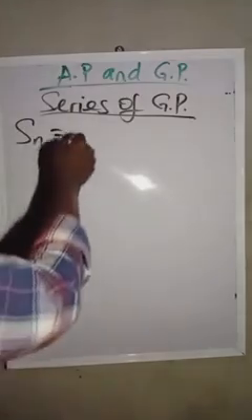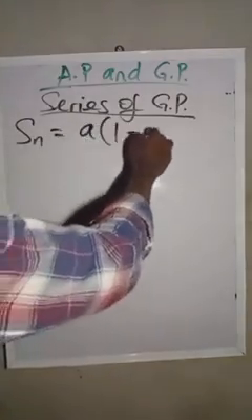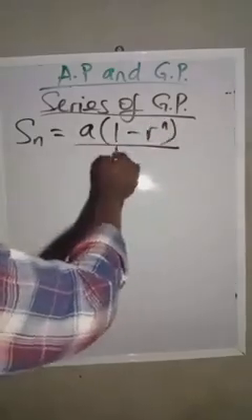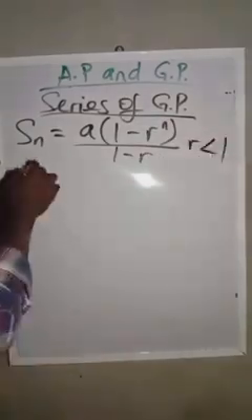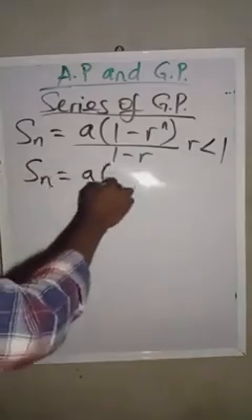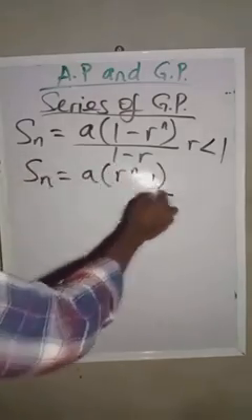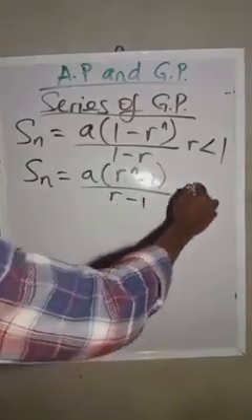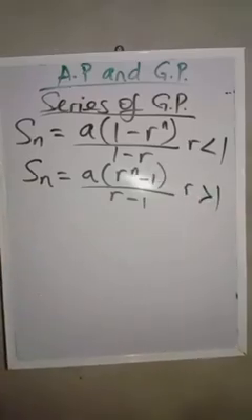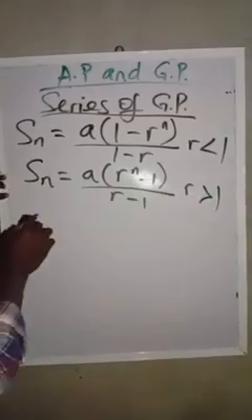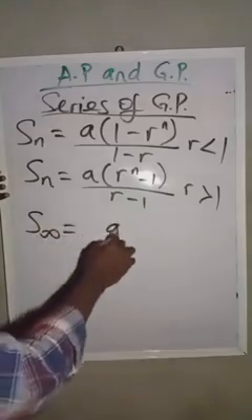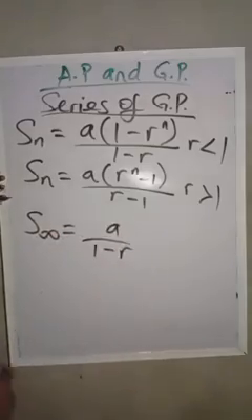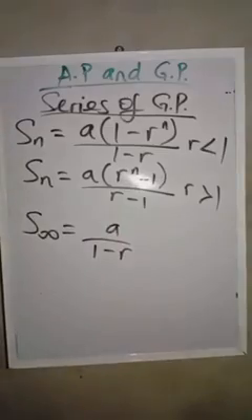Sn equals A(1 - R^n) divided by 1 - R, for R less than 1, and then Sn equals A(R^n - 1) over R - 1, for R greater than 1. Then we have what we call sum to infinity, and this is A over 1 - R. Now I'm going to tell us the difference between the three.